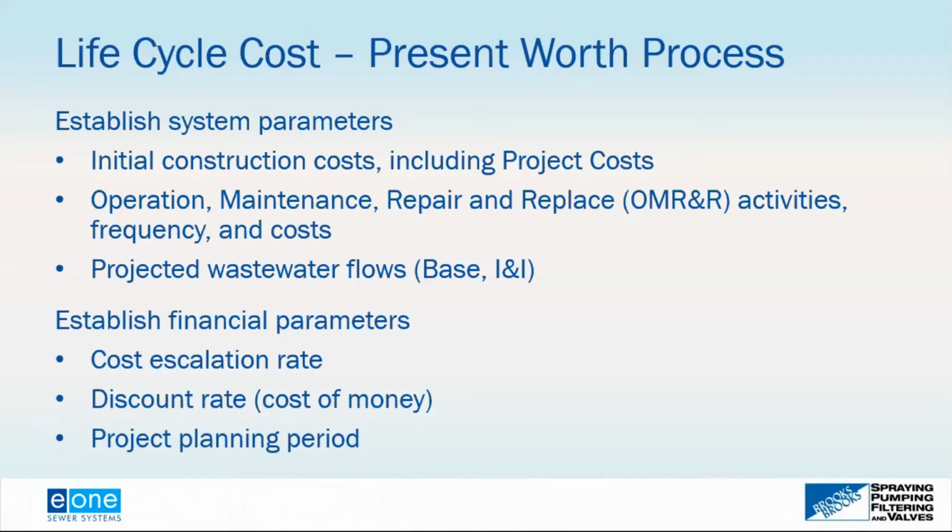Once it's in the wastewater collection system, it has to be treated as if it were wastewater. So there's a cost associated with transporting and treating that wastewater. You have to pump it to the treatment plant, and once it gets to the treatment plant, you have to treat it. So it's important when you're doing an economic cost evaluation, not only to look at the operation and maintenance costs, but also some of the ancillary costs, such as the infiltration and inflow and the economic impact that that has on a system.